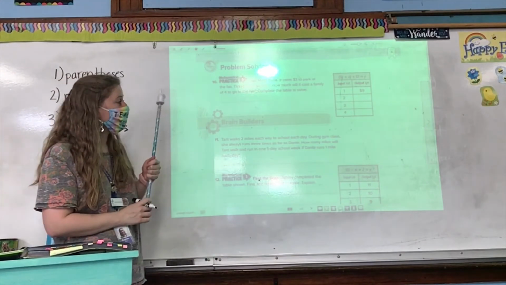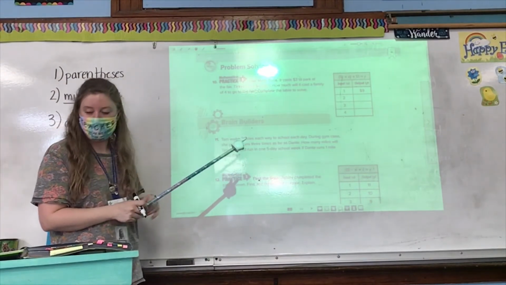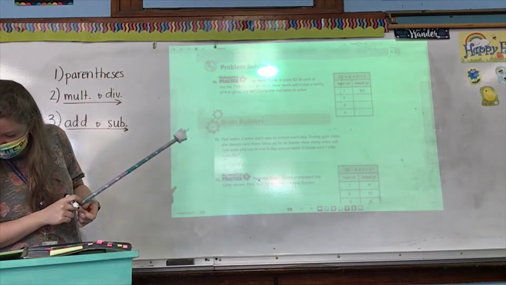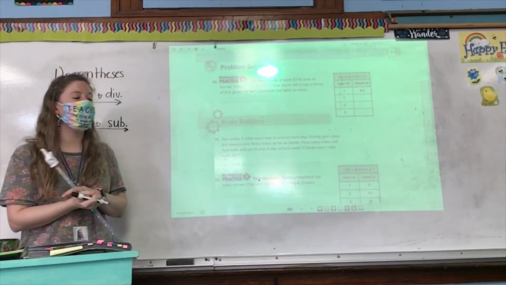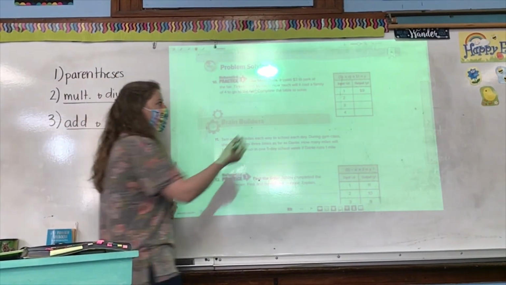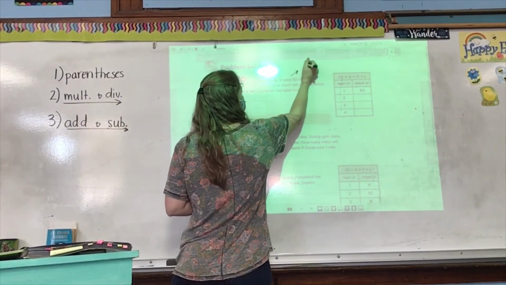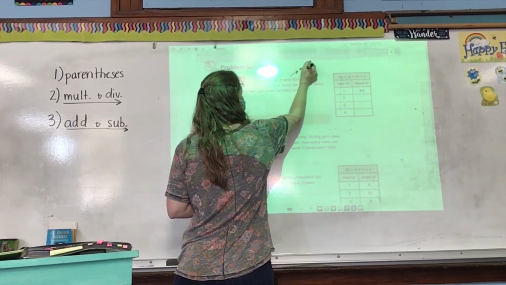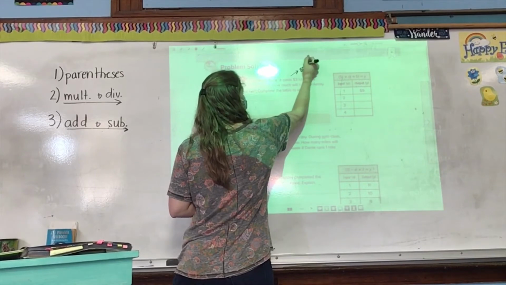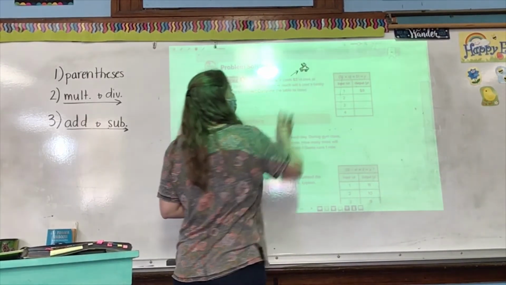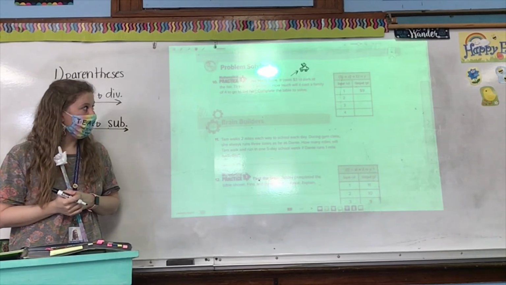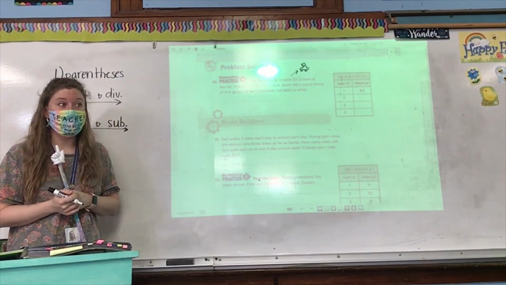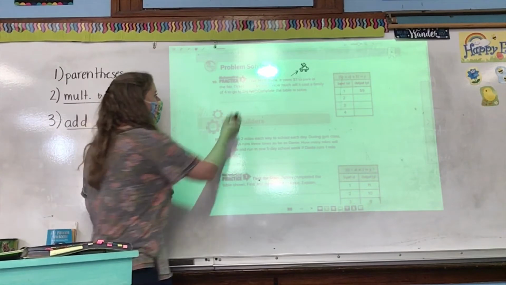It costs $3 to park at the fair. Tickets cost $6 each. Oops, I'm sorry. It costs $3 to park at the fair. So I'm imagining this little car is $3. Okay? It's parking. Tickets cost $6 each.